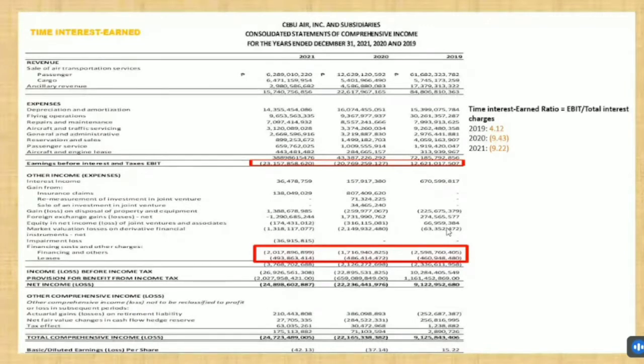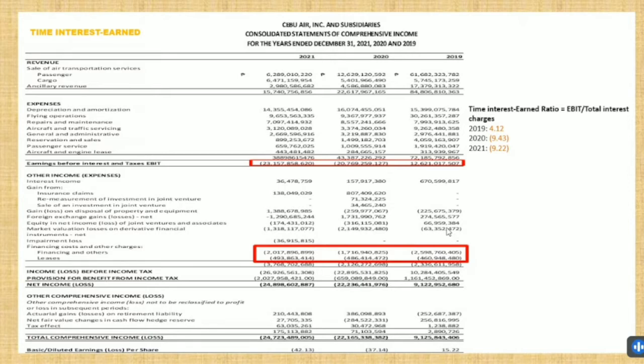So sa 2019 medyo maganda pa kasi positive siya, and pagpasok nung 2020 yung nag-boom, nag-negative siya with 9.43 in 2020 and 9.22 in 2021. So here, the higher the ratio, the better, because this means that the company presents less of a risk to investors and creditors in terms of solvency.